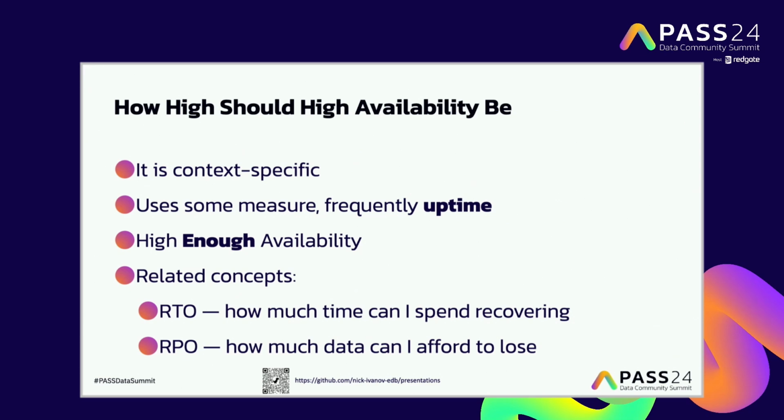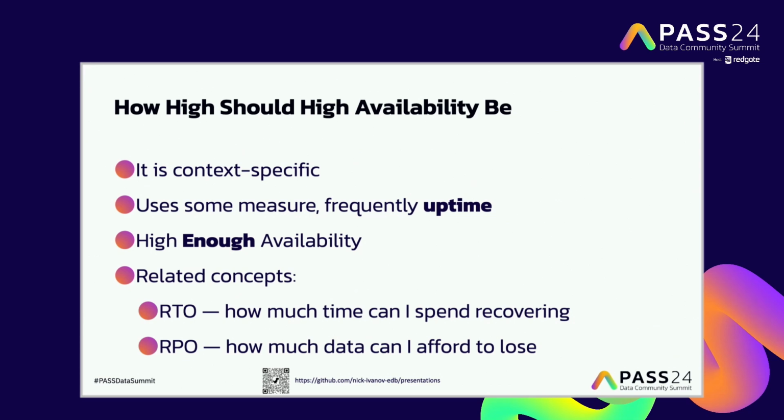Frequently, people use uptime for the measure of high availability, which translates into things like 5 nines, 3 nines, which is sometimes misleading. There are a couple of related concepts that also allow you to measure the level of the highness of your availability. One is a recovery time objective.